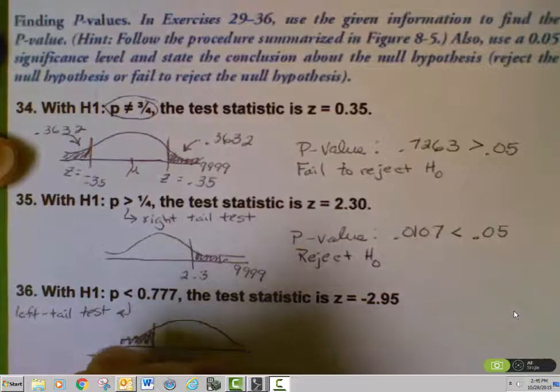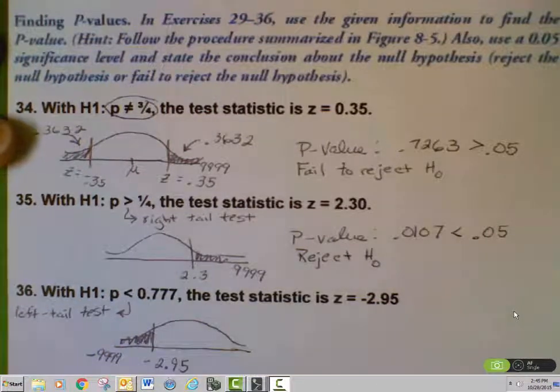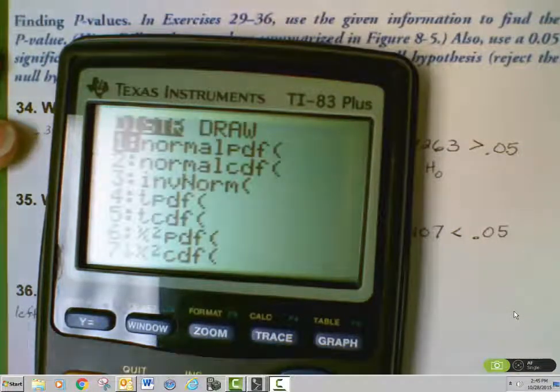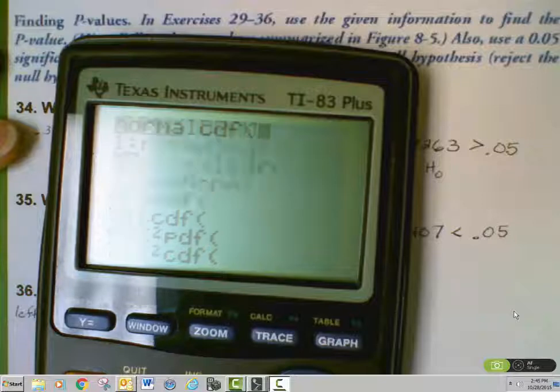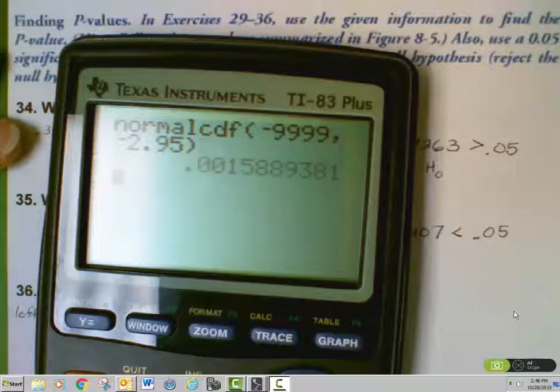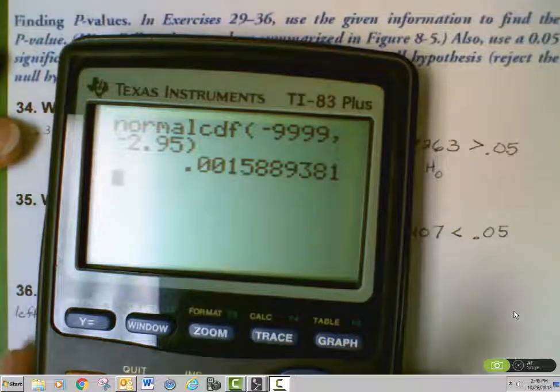I've shaded forever to the left, so I'm going to use negative 9,999 and say normal CDF, negative 9,999 up to negative 2.95. Sorry, that was supposed to be negative 2.95. And that probability is 0.0016.